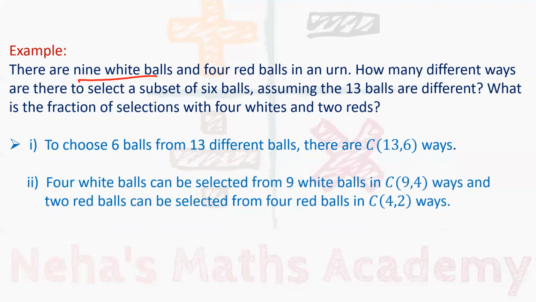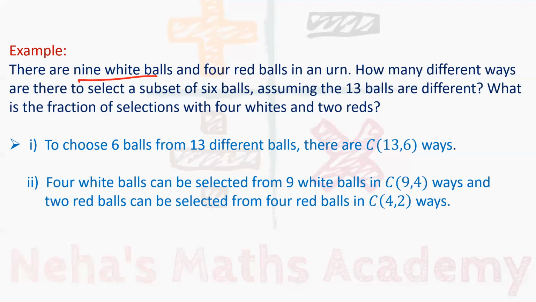Now for the second: what is the fraction of selections with 4 whites and 2 reds? Here the question is asked for a fraction, that means we have to find a probability. In the denominator, there will be the total number of ways to select 6 random balls from 13 different balls.